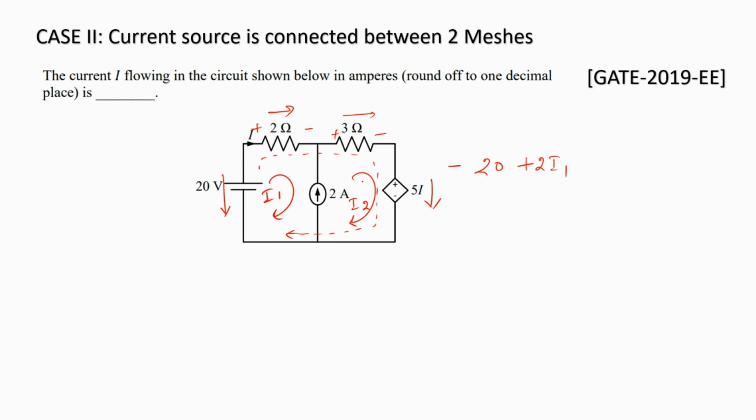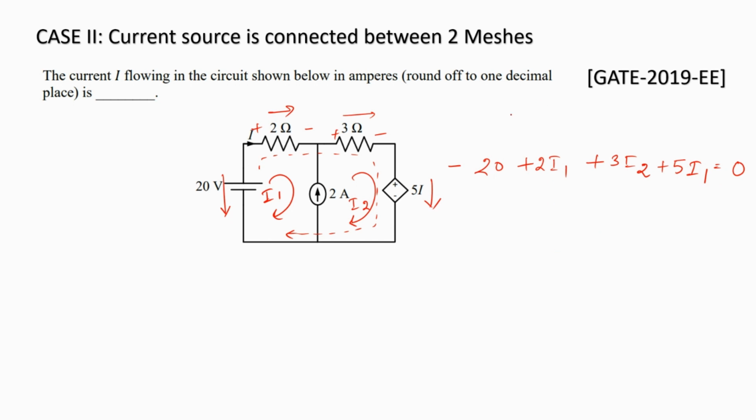Through the 3 ohm resistor, we have I2 flowing, and the direction of I2 and the voltage drop is in the same manner, so plus 3 I2, again plus 5 I1, because I and I1 in this case are the same, is equal to 0.